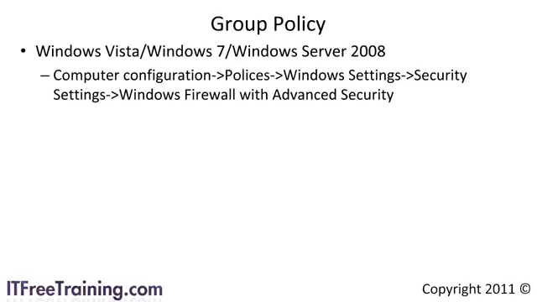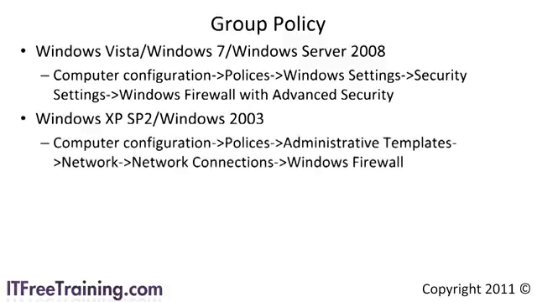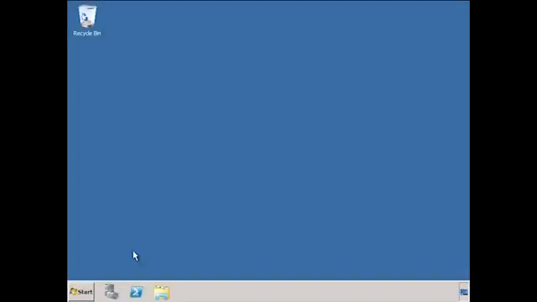If, however, you are using Windows XP or Windows Server 2003, these settings will not work because these operating systems do not have Windows Firewall with Advanced Security. If you are supporting these clients on your network, you will need to get into Administrative Templates, Network, Network Connections, and Windows Firewall. Let's have a look at how to configure this group policy setting on the domain.